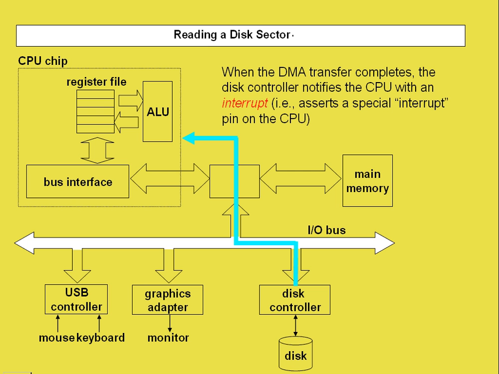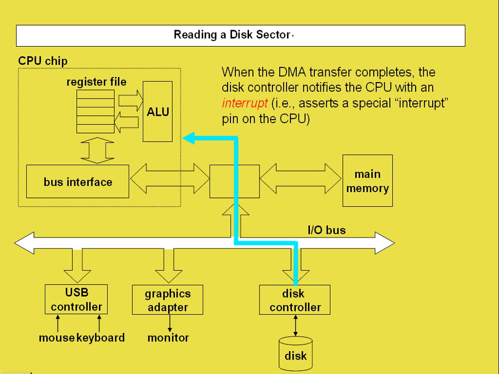Then the processor can give service to them. Some of them function with the help of DMA, direct memory access, which is a technology which makes the system a little more efficient.